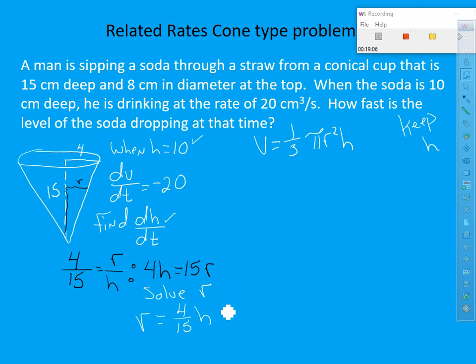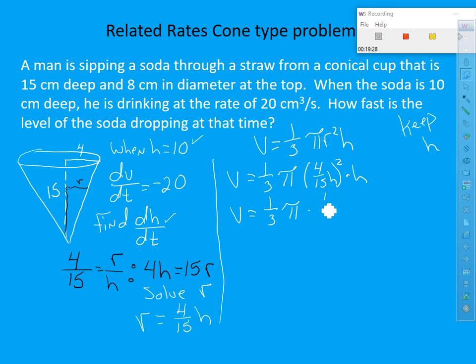Well, still no calculus yet, guys. So volume equals 1/3 pi times 4/15 h squared times another h. Volume equals 1/3 pi times 16 over 225 h cubed.